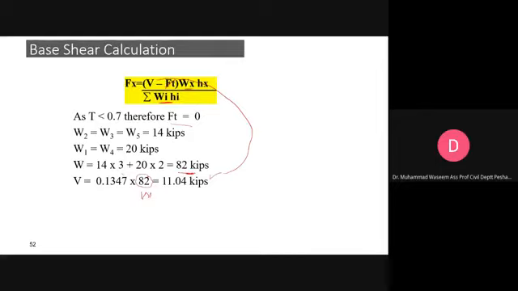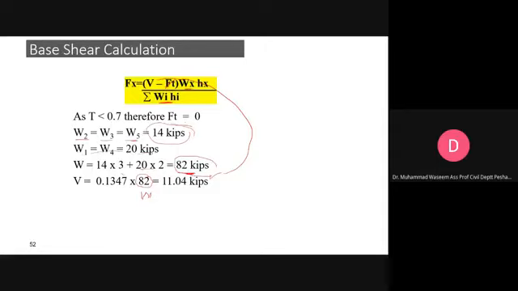First you have to calculate the total weight of the building, which is 82 kips. Ft is 0, and story 2, story 3, story 5 have a 14 kips weight. Stories 1 and 4 have 20 feet.